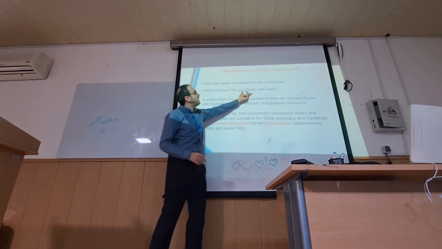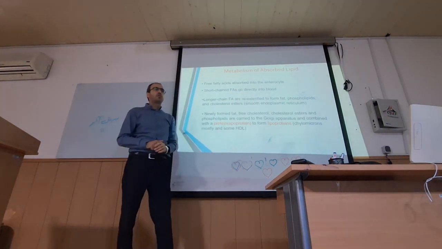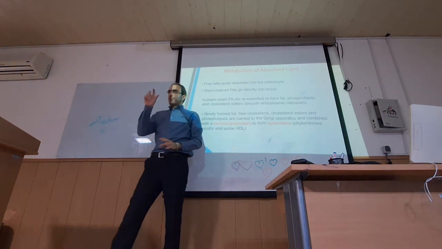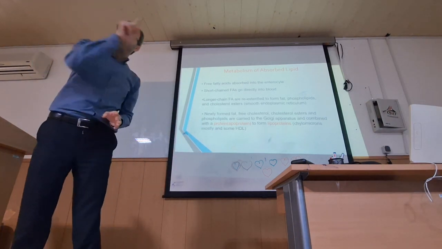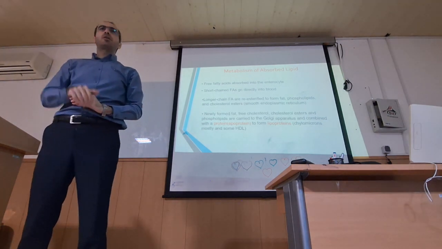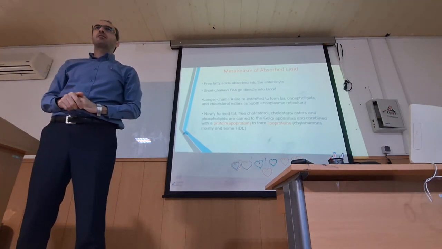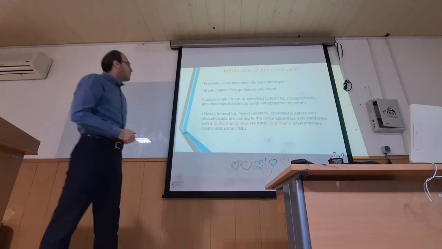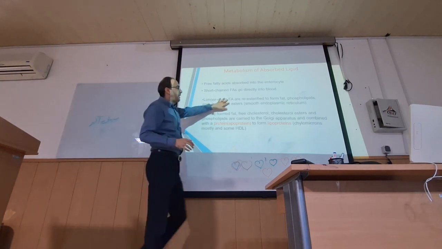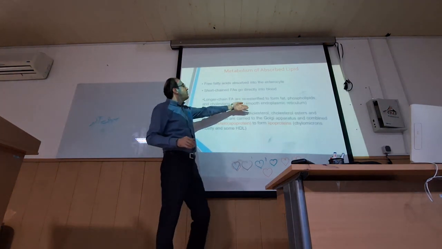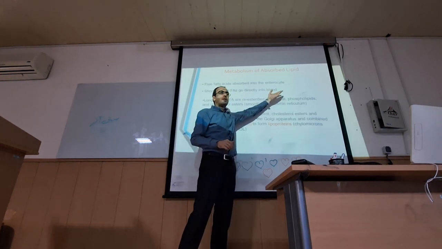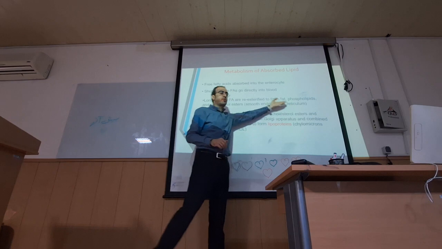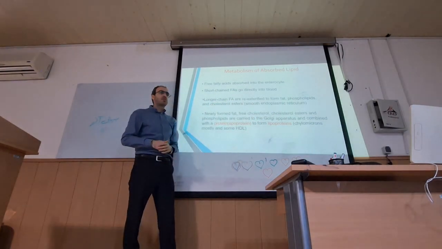Short chain fatty acids go directly into the blood. Okay, so short chain fatty acids from the enterocyte directly transfer to the blood and go to the liver and other cells. But the longer chain fatty acids are re-esterified to form triglyceride or fat, phospholipids, and cholesterol ester.